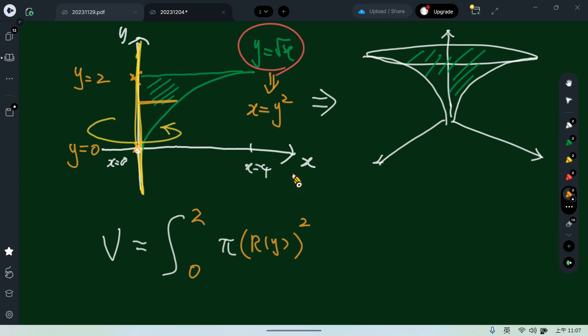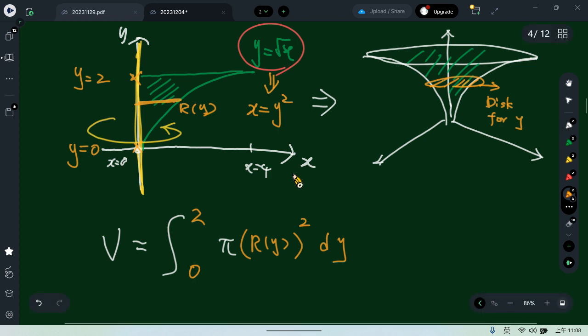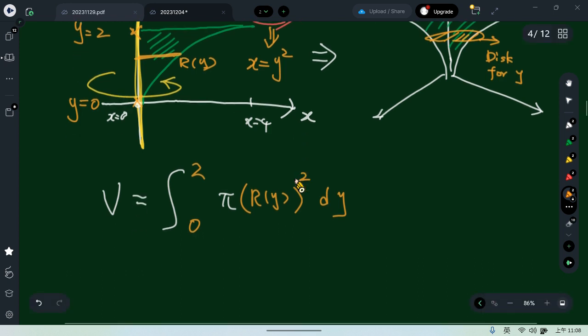Because we just use this as R of y, right? And then we can get the disk for y, then dy, right? So it will become the integral from 0 to 4 of pi.